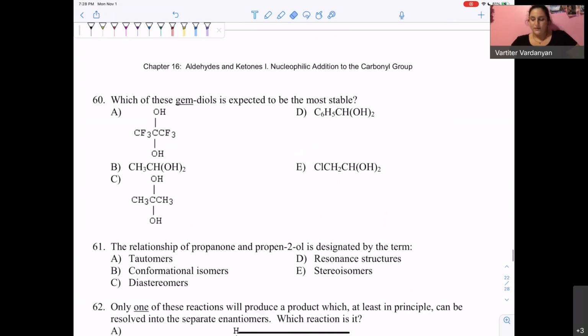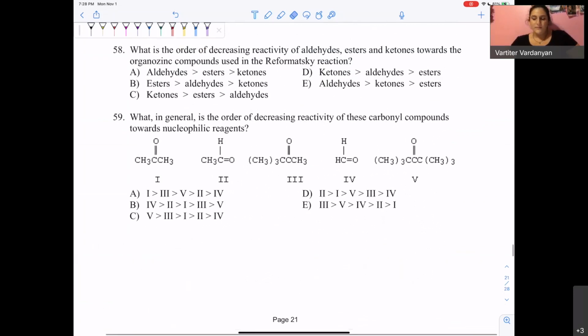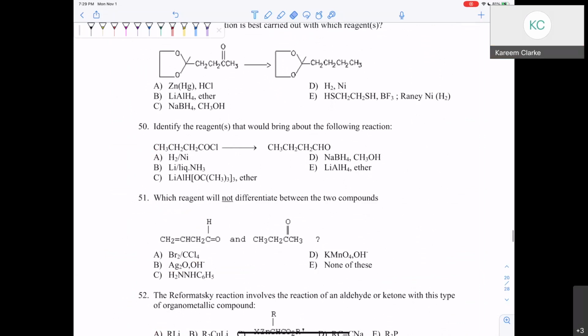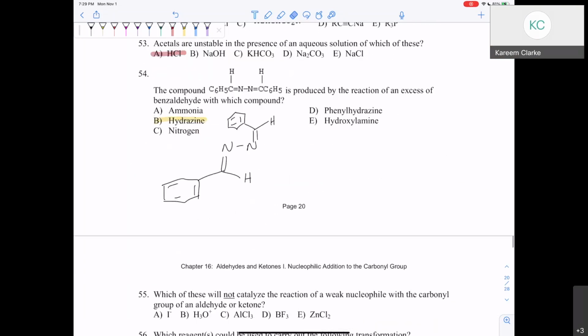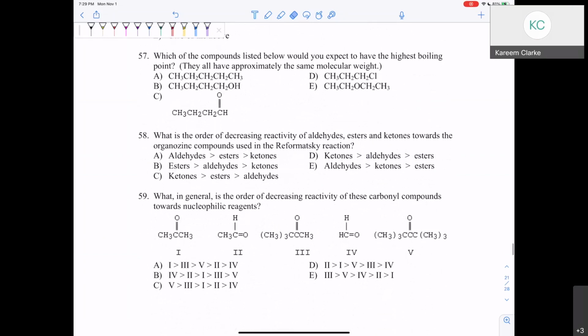Is this for chapter 16? The one that says Reformatsky, is that just the general reactivity that we already know? I'm on 58, not 52. Aldehydes are more reactive than ketones, but you probably won't be asked that because you don't need to know that reaction.